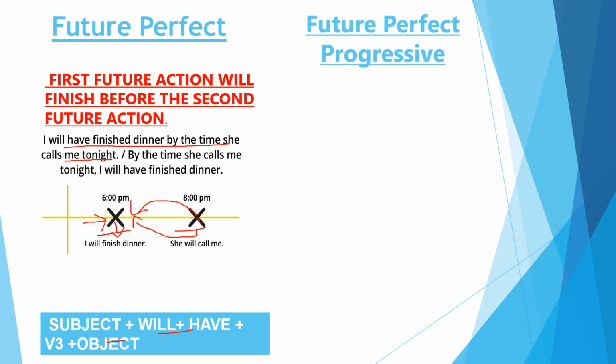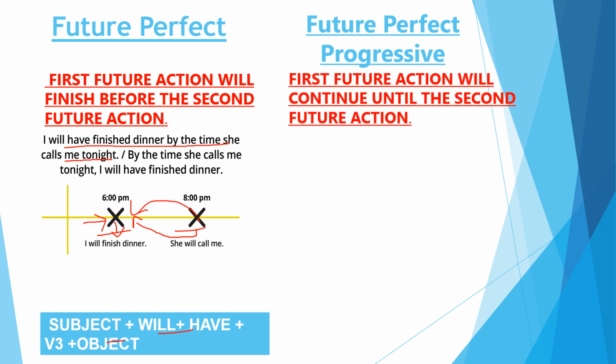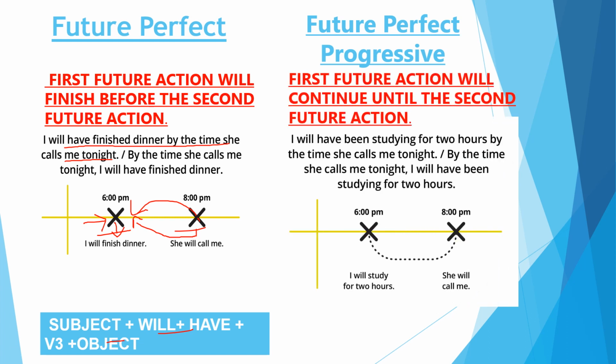Coming to the future perfect continuous or perfect progressive tense. It indicates an action in the future that will have been continuing until another time or event in the future. See here: I will have been studying for 2 hours by the time she calls me tonight.